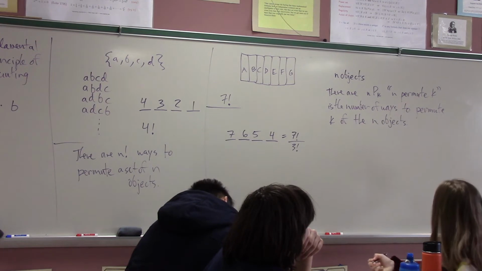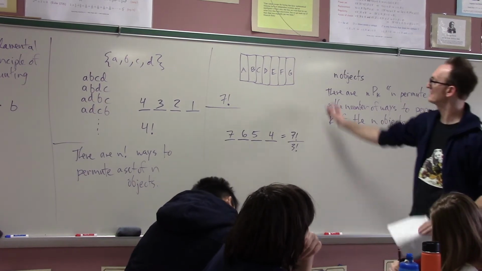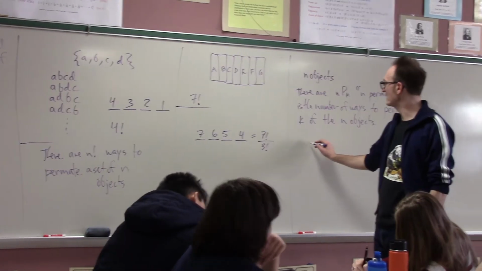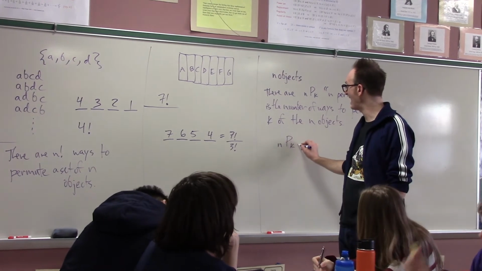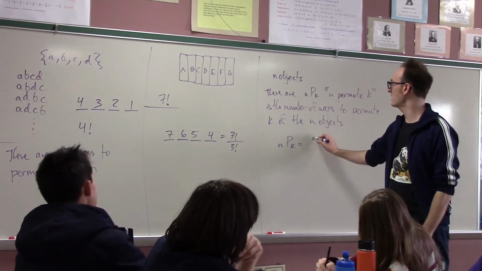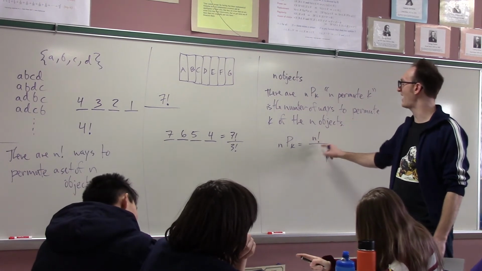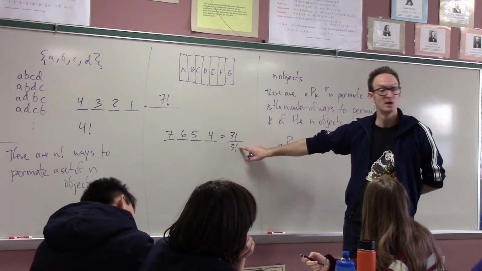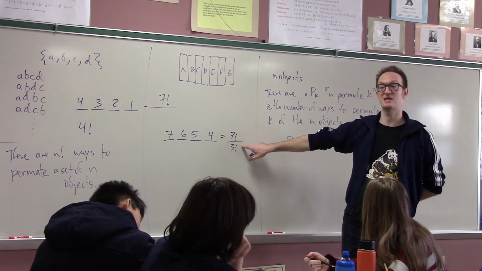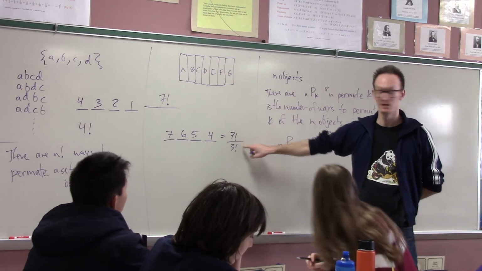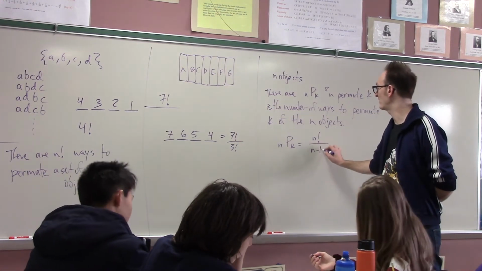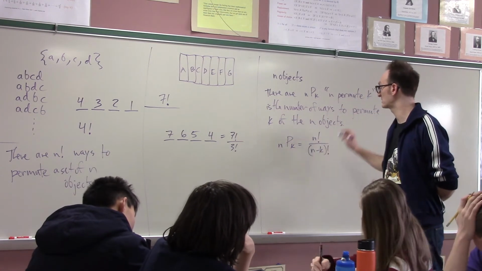What we have just seen, by this example, is that nPk is n factorial, but then you divide out by the ones that you left behind. Those of you who maybe have seen this before, you see that this is kind of the formula.